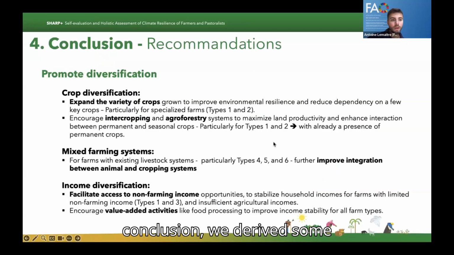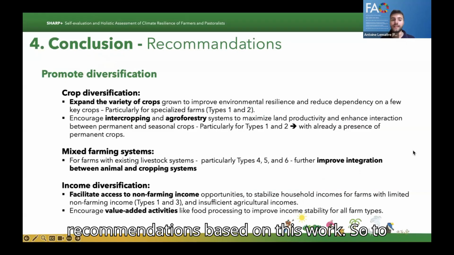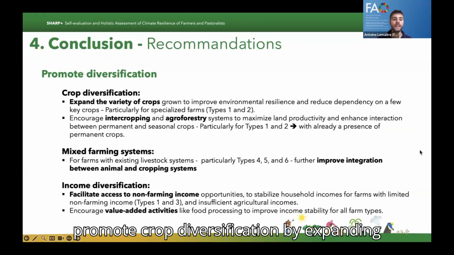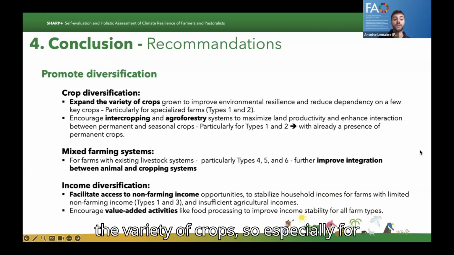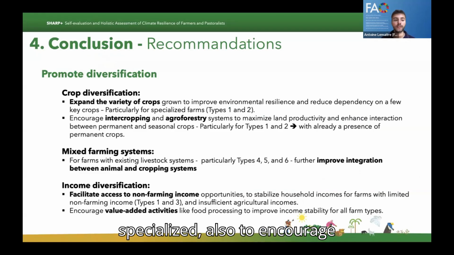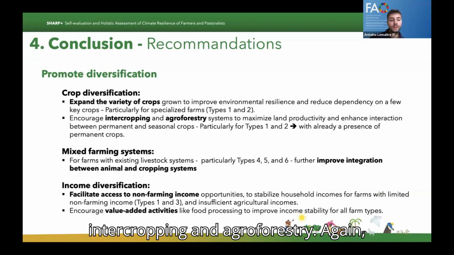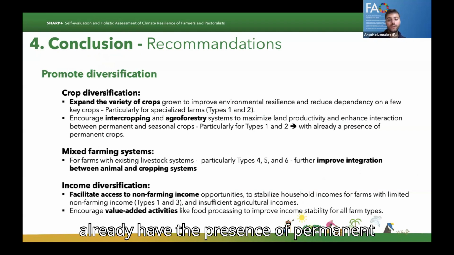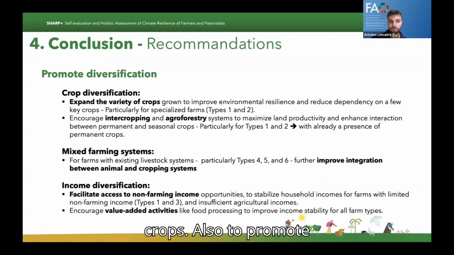So in conclusion, we drafted some recommendations based on this work. So to promote crop diversification by expanding the variety of crops, especially for the type 1 and 2, which are very specialized. Also to encourage intercropping and agroforestry. Again, particularly for the type 1 and 2, which already have the presence of permanent crops.